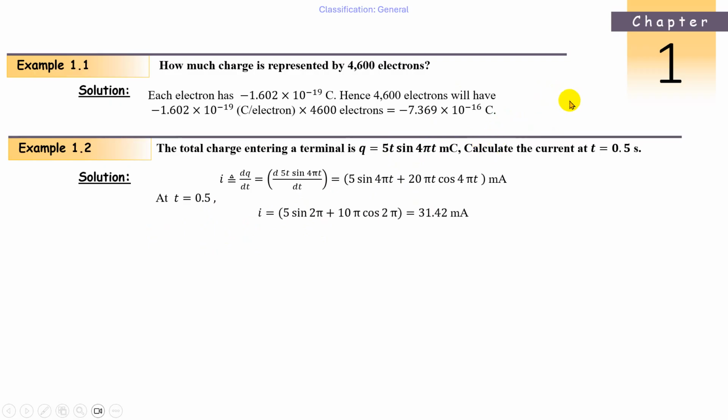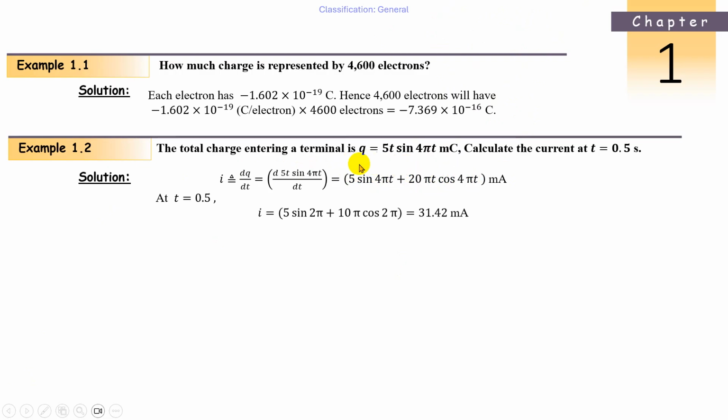But if, let us say, sin 2 theta, what is the differentiation? 2 will come out: 2 cos 2 theta, because 2 is coming out before the t. So before the t, 4 pi is there, and the 4 pi will come out. It becomes 4 pi into 5, so 20 pi t cos 4 pi t.